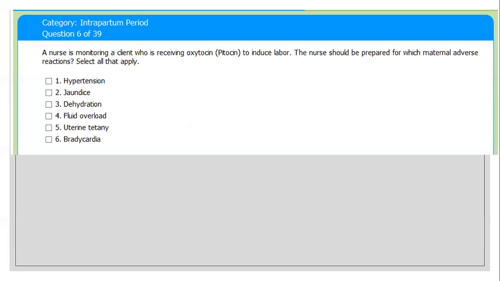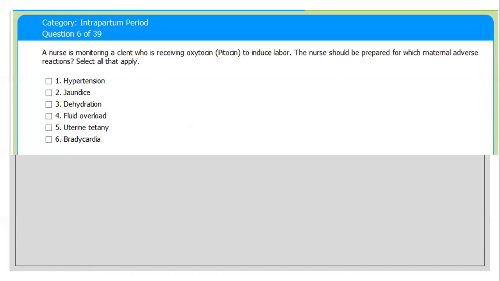We use Pitocin for labor induction or postpartum to manage postpartum hemorrhage. But Pitocin has some side effects. It is very important to know. Like they said: hypertension, jaundice, dehydration, fluid overload, uterine tetany, meaning contraction, and bradycardia.